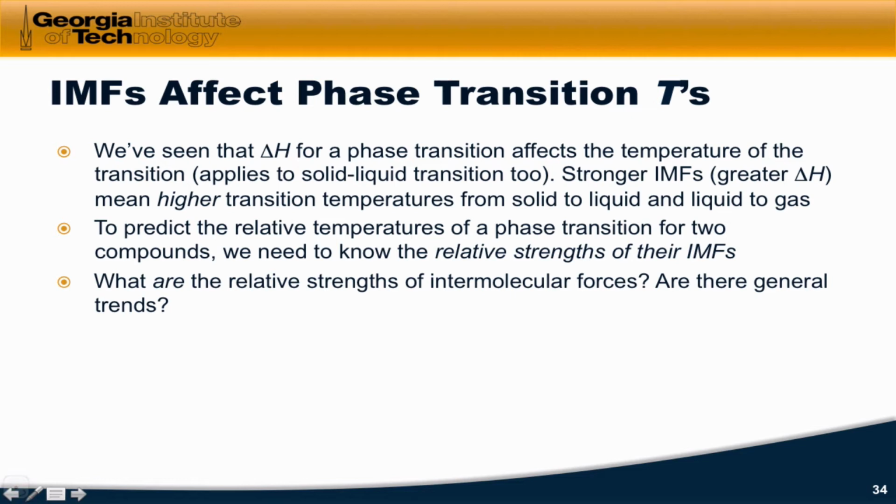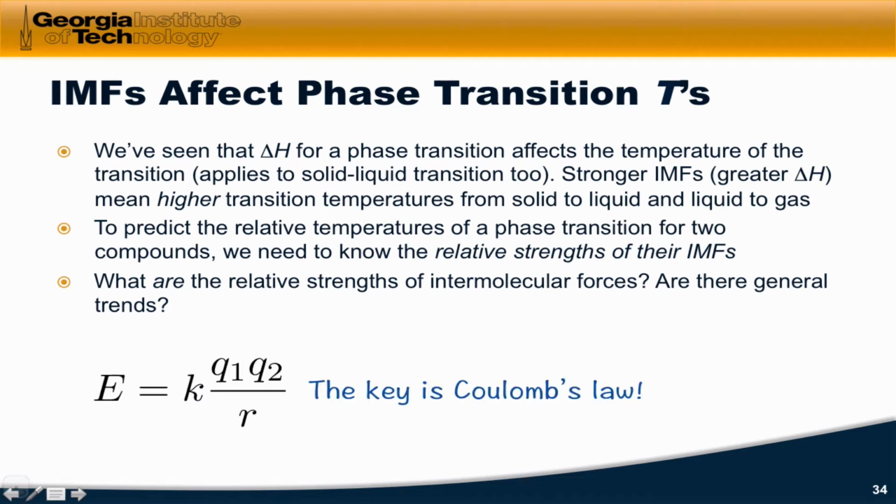What are the relative strengths of the intermolecular forces? And can we find any general trends? Well, we've alluded to this a little bit already. There are general trends in the strengths of the intermolecular forces that are rooted in Coulomb's law.